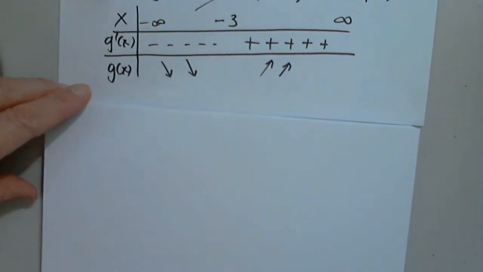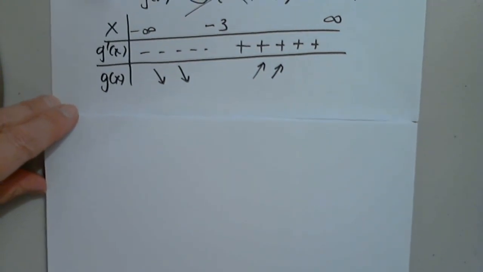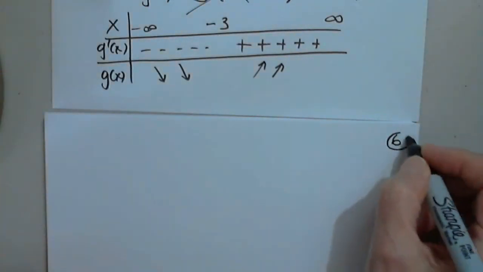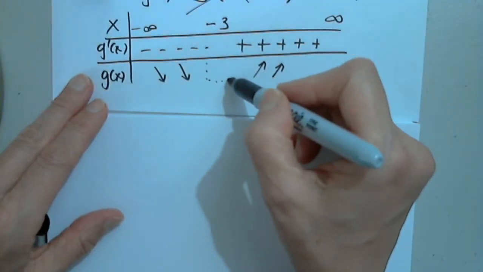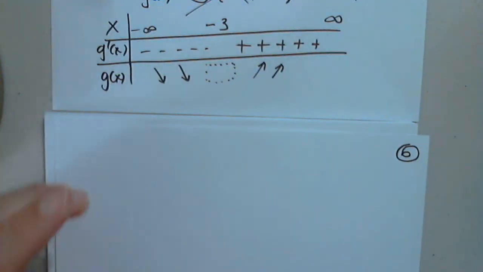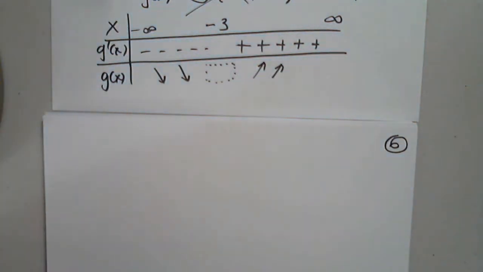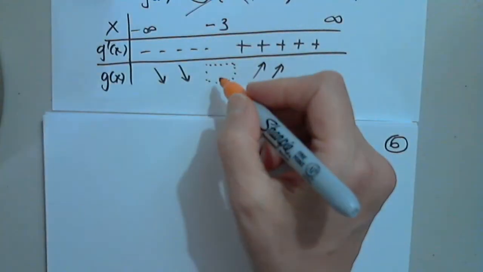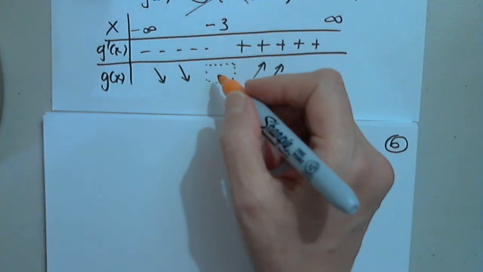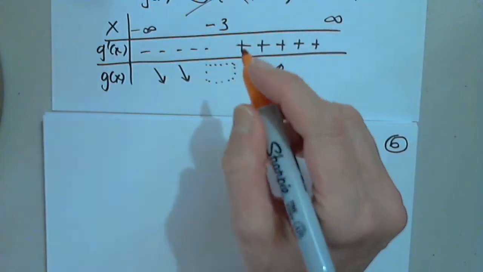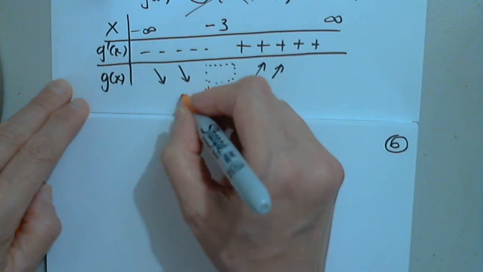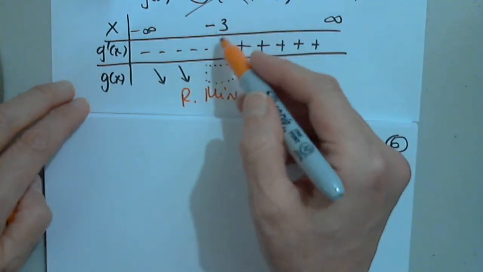If you wanted to make it a point, you can give me any number you want here, but I'd like you to tell me what type of point that will be. Min. Yes.